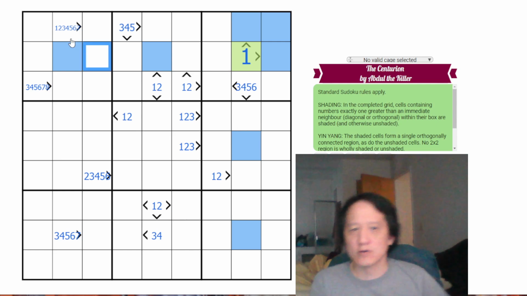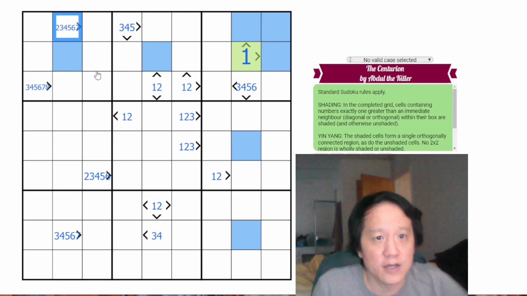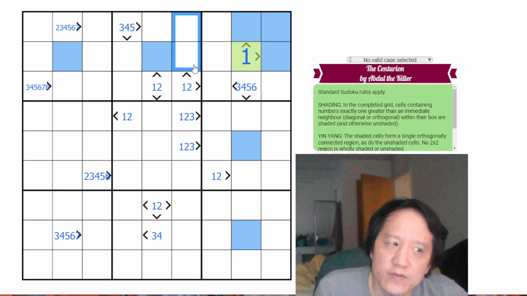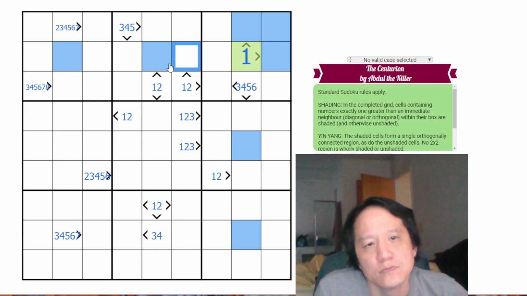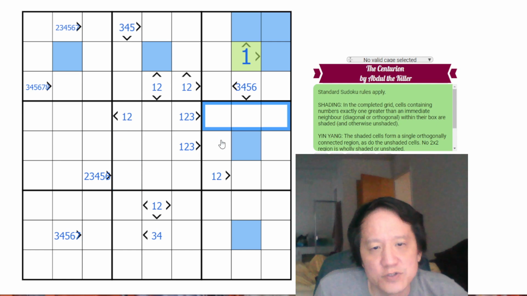So that's what the arrows give us, right? We also know that there's at least 2 here, so this cannot be 1. This is 1 or 2. So one of these is shaded once, and one of these is shaded twice. This is 3. Okay, so one of these is 3.